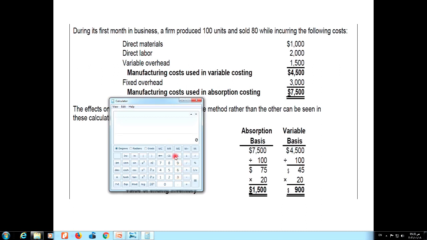We can calculate the difference directly by calculating the fixed overhead included in the ending inventory.